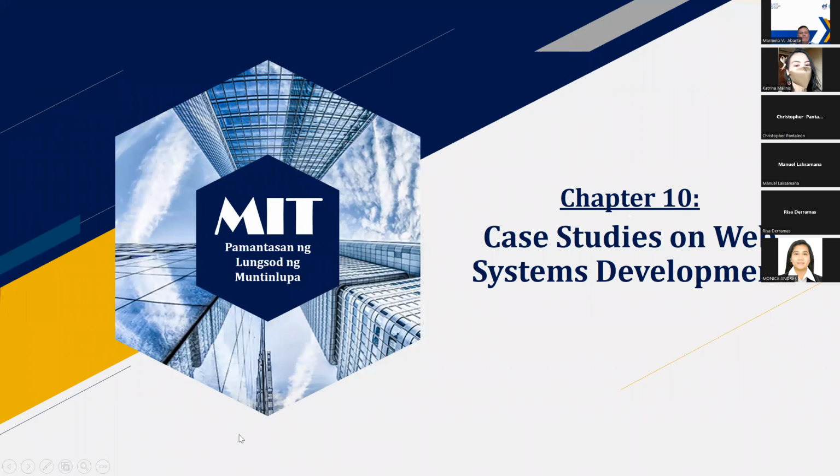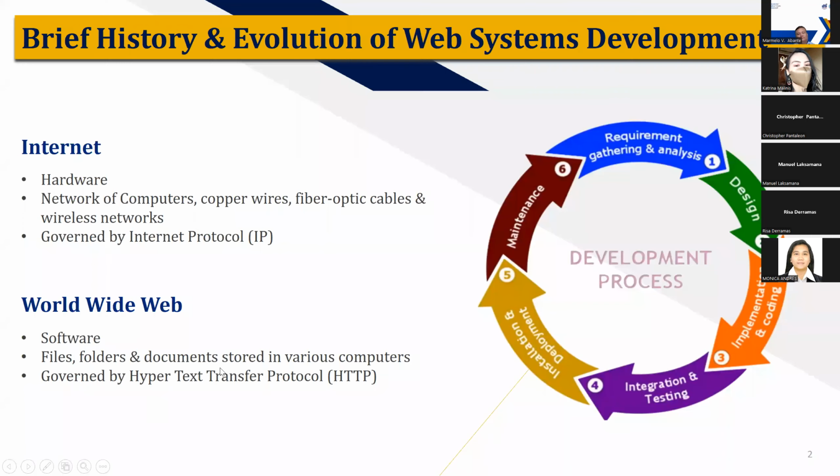Case studies on web systems development. First, I'll try to identify the difference between the internet and the World Wide Web, in connection with the brief history of evolution of web systems development. On the image on the right, you will see the development process.